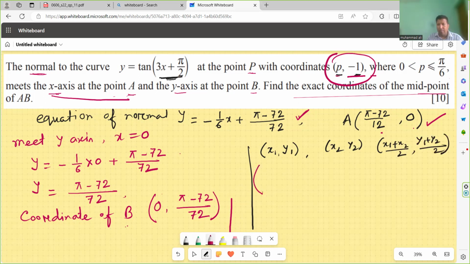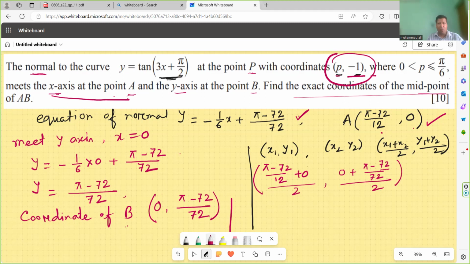We can write (pi minus 72) by 12 plus 0, divided by 2, that is x1 plus x2 divided by 2, and y1, 0 plus (pi minus 72) by 72, divided by 2.